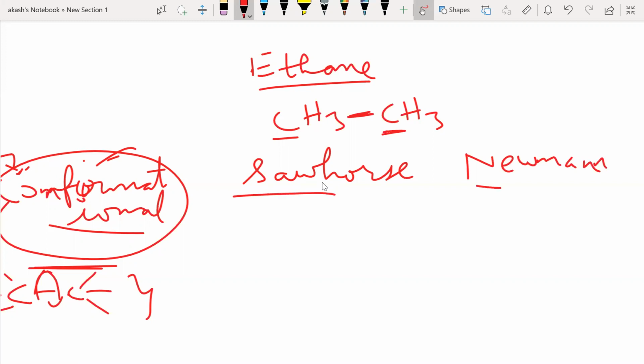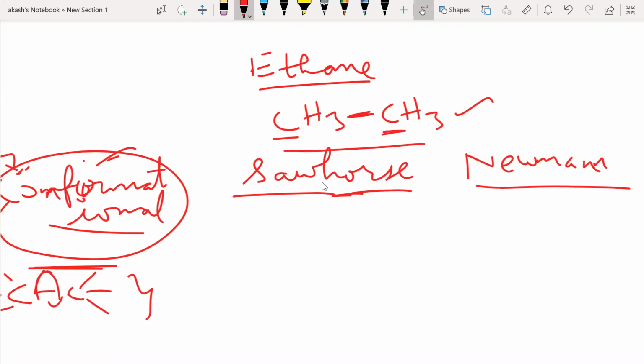Sawhorse projection and Newman's projection are exactly the same thing; it's just how I represent it that is different. So anyway, we'll see what it is. In the case of Sawhorse projection, how will I represent this compound? This is also a way of representation, like whatever I wrote here.